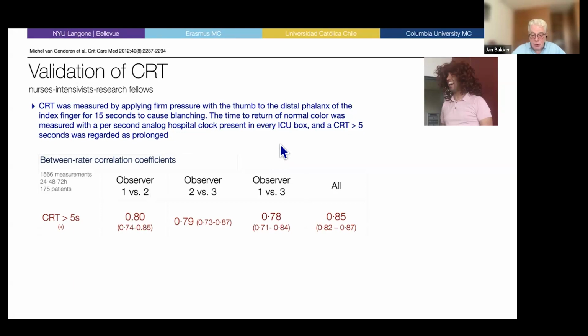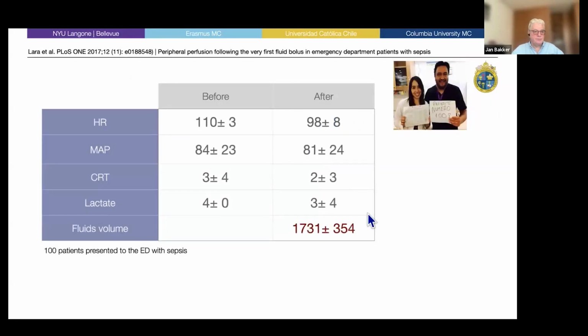It is susceptible to bias and to inter-observer and intra-observer problems, but still in clinical practice, it works. Now, does it identify patients that are doing very well?